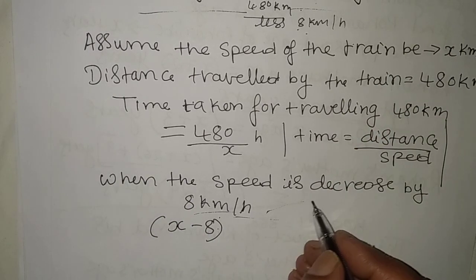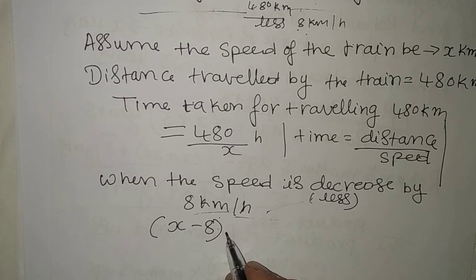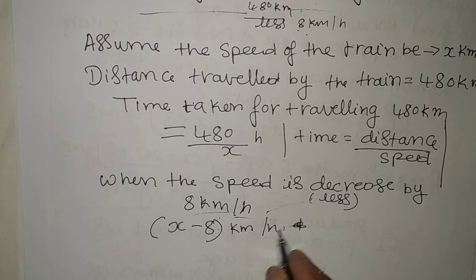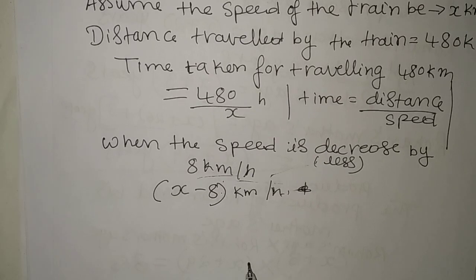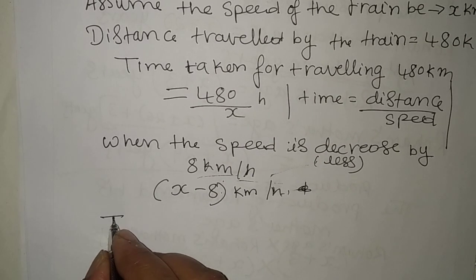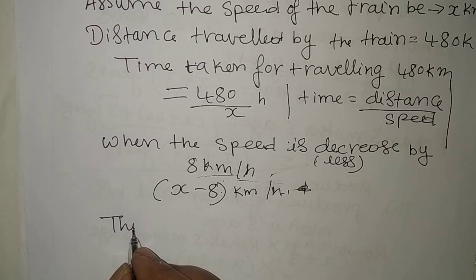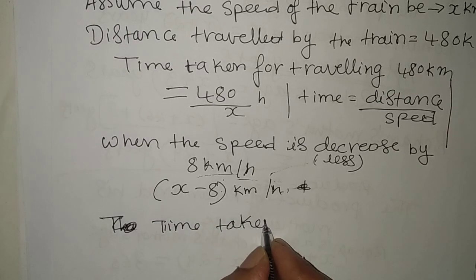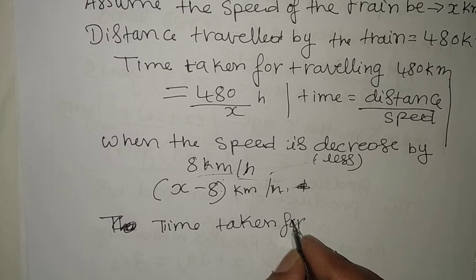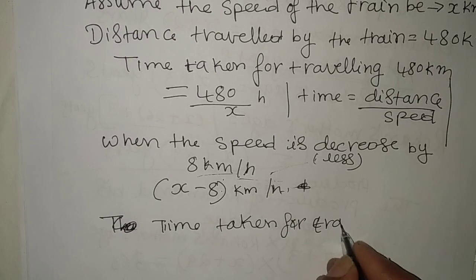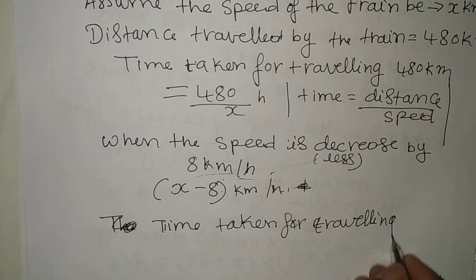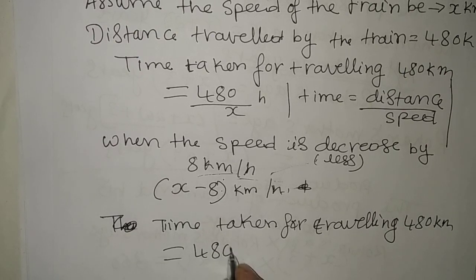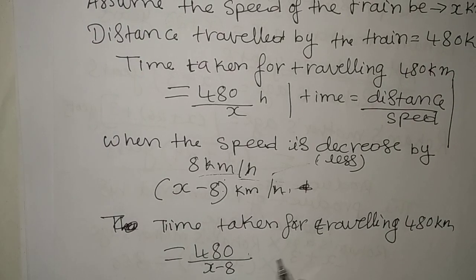So x minus 8 kilometers per hour. After this, we have to take the time taken for traveling 480 kilometers, which is 480 by x minus 8.